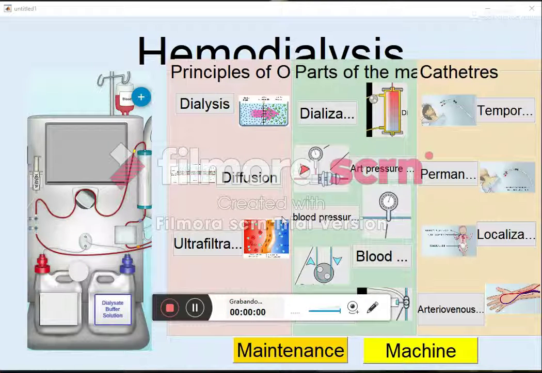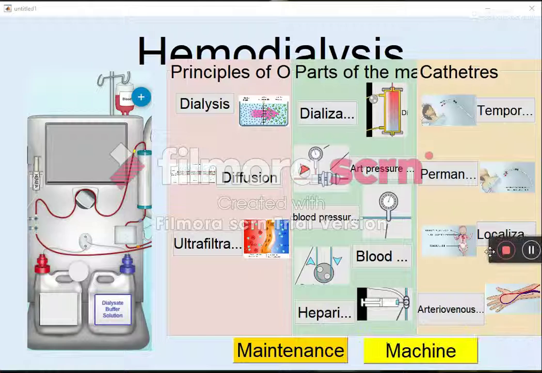For simulation, we can elaborate with the software MATLAB. In this case, the idea is to show the different parameters, principles, and catheters that the hemodialysis machine uses in these different systems.